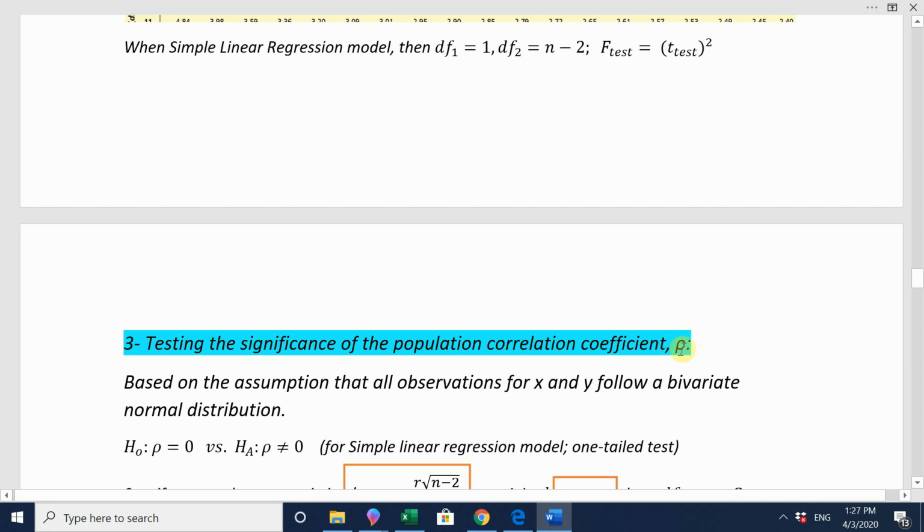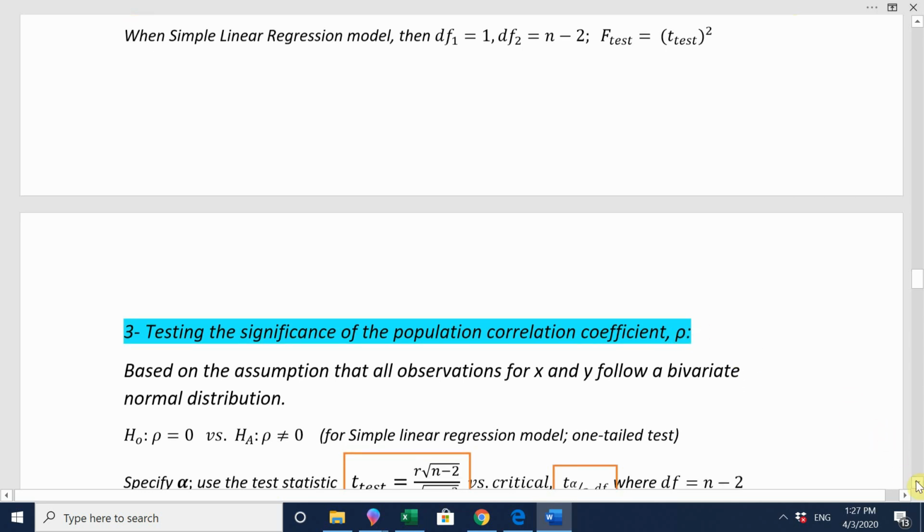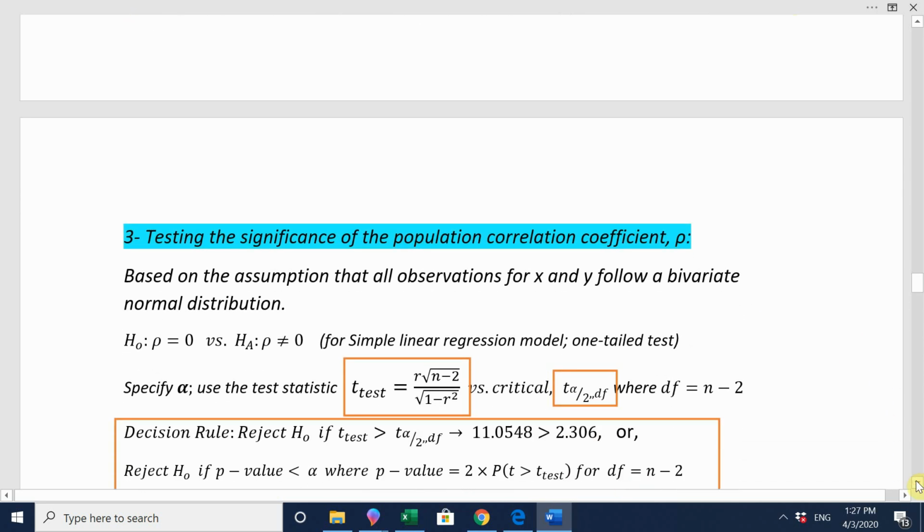So we've seen the population correlation coefficient and its equivalent sample correlation coefficient, r, right? So the idea is that we will now assume that the correlation coefficient, which measures the linear relationship between X and Y, is demonstrating no linear relationship here in the null hypothesis.